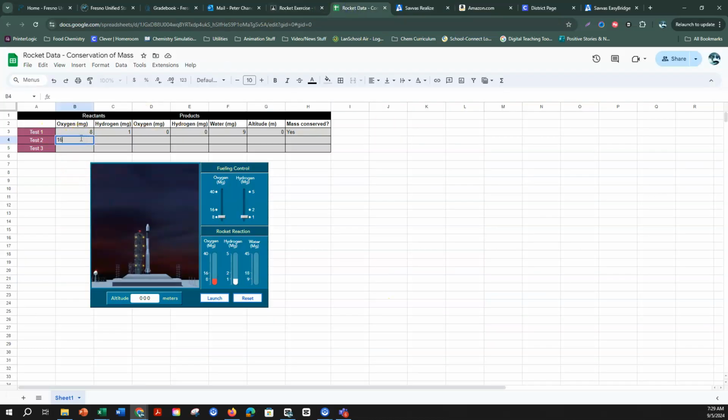Started out with 16, had 2 hydrogen, burned all oxygen, so 0, burned all hydrogen, so 0, water was 18, altitude was 20, and is mass conserved? If 16 plus 2 is equal to 18, then mass was conserved, and that is true. 18 equals 18, so yes, we did not lose any of our mass.